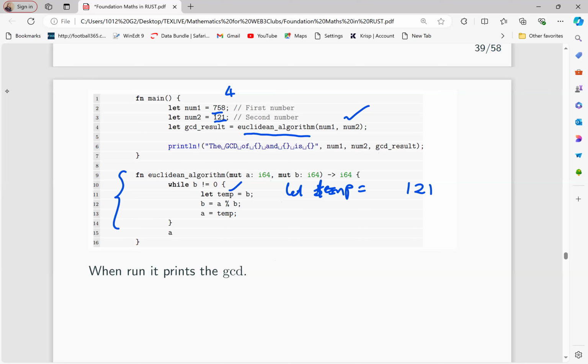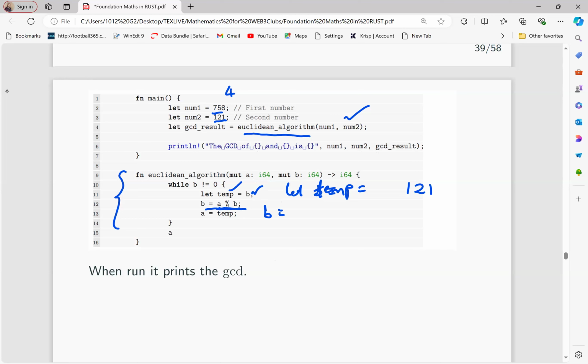Now, we let it be temporal, and then the real B becomes the remainder of A on division by B, the temporal number here. So in this case, what am I seeing?